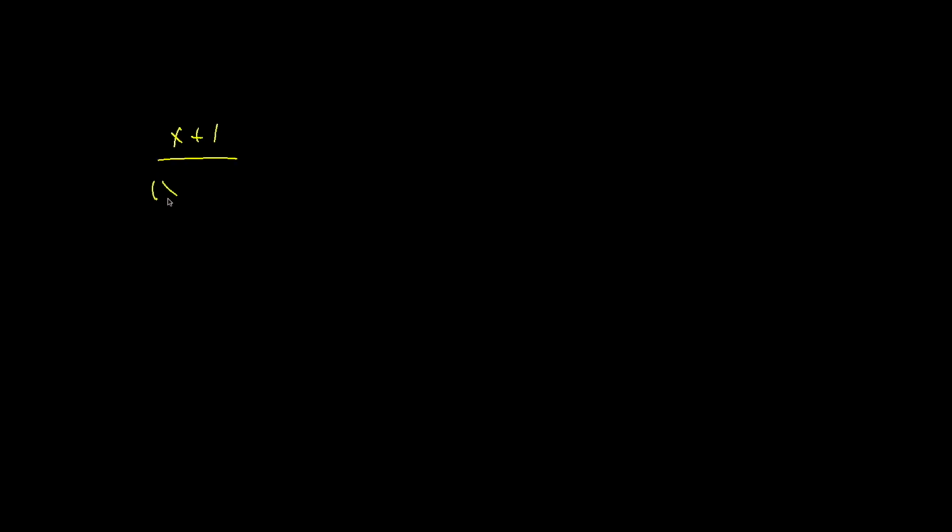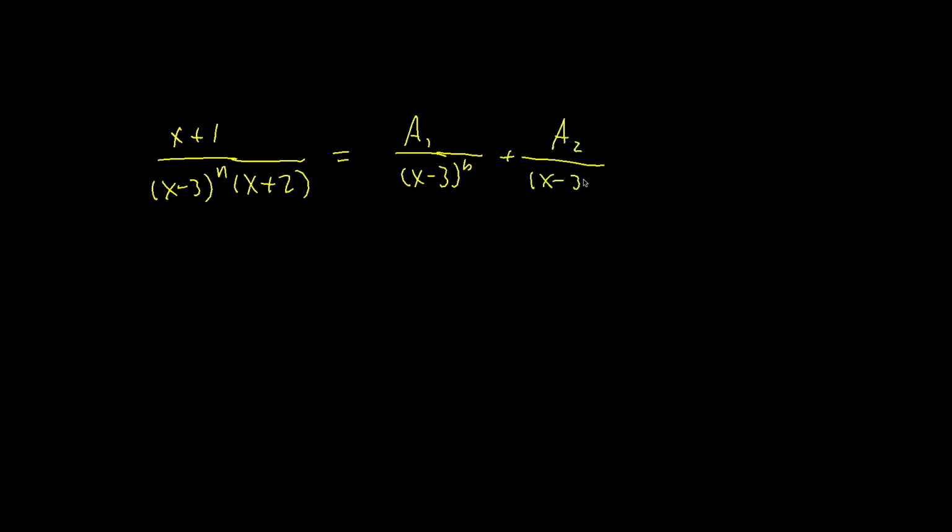If we have (x minus 3) to the n times (x plus 2), this breaks into a bunch of a1 over (x minus 3) to the n, plus a2 over (x minus 3) to the n minus 1, and so on until you reach the a of n term over (x minus 3), plus b over (x plus 2). And we can solve for each of these a's.